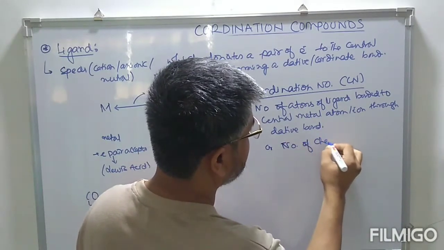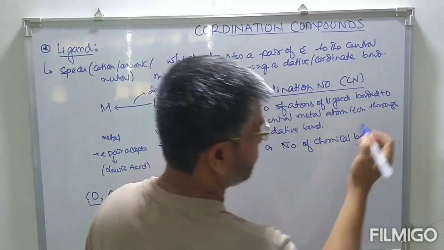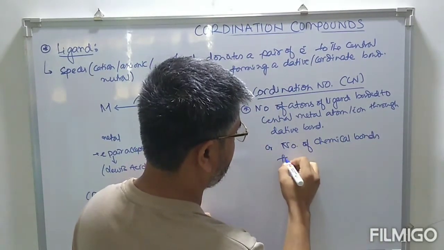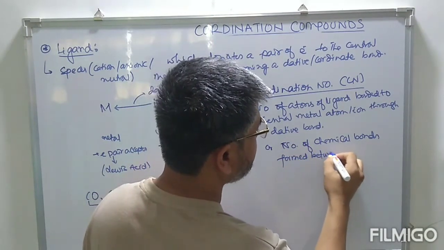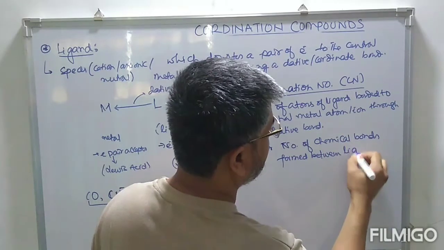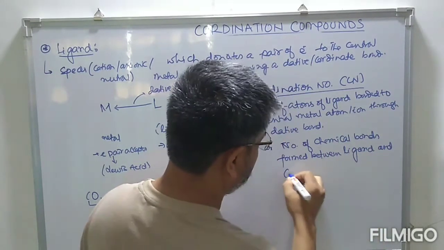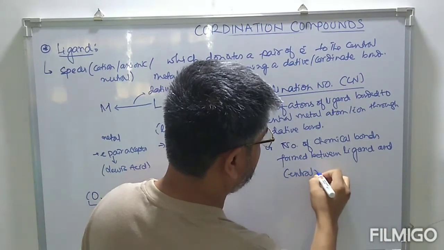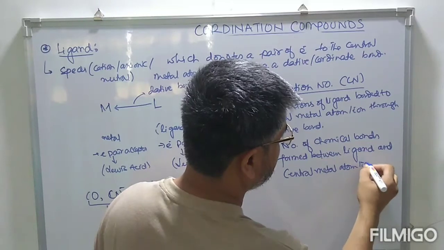or we can also say the number of chemical bonds formed between the ligand and the central metal atom or ion.